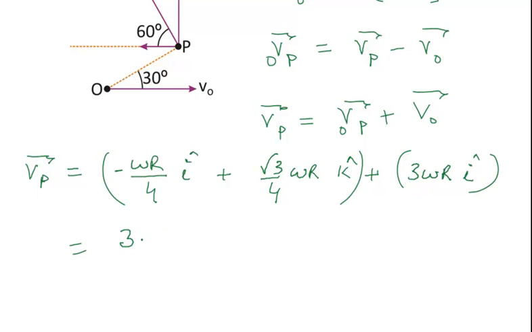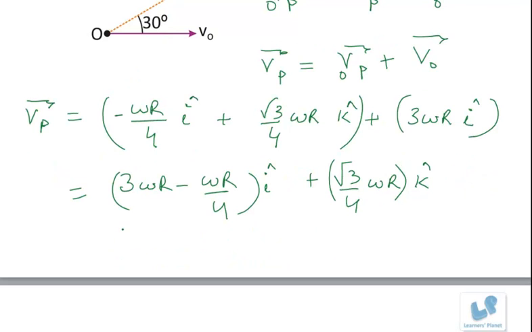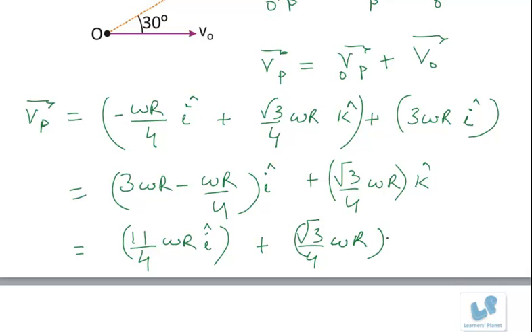So this is 3 omega r minus omega r by 4 i cap plus root 3 by 4 omega r k cap. This can be further written as 11 by 4 omega r i cap plus root 3 by 4 omega r k cap. So this is the velocity of point P with respect to the ground.